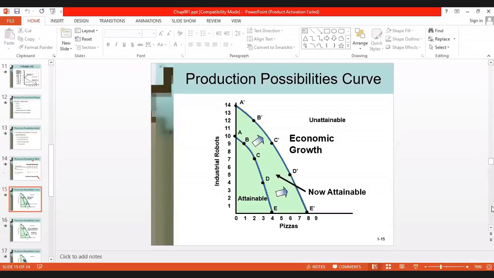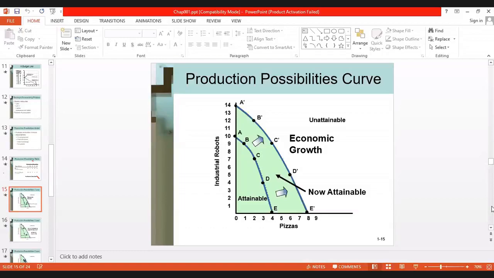But beyond the production possibility curve, we cannot produce with the current fixed resources and current technology. Along the curve or inside it, we can produce.